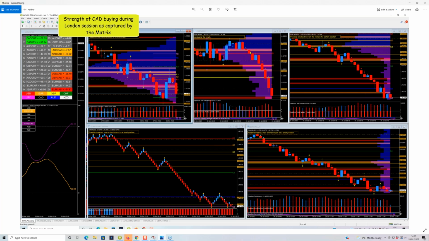It was a break from the volume point of control down to the third pivot point and further down. Now, when you're faced with a situation like I was this morning on the Euro Canadian, we can see the values that were here this morning. This was, I think, about 10 o'clock or so.